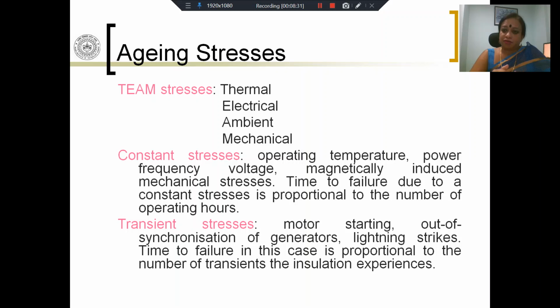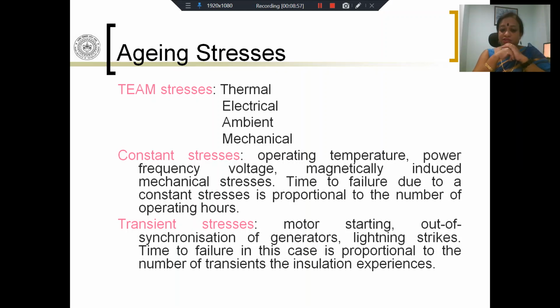And when instead of 200 degrees centigrade, you apply 250 or 300, maybe it will break down in a fewer number of hours. So generally, the time to failure due to constant stresses is considered in terms of the number of operating hours. So lifetime is so many operating hours. That is how you define the lifetime of equipment under constant stresses.